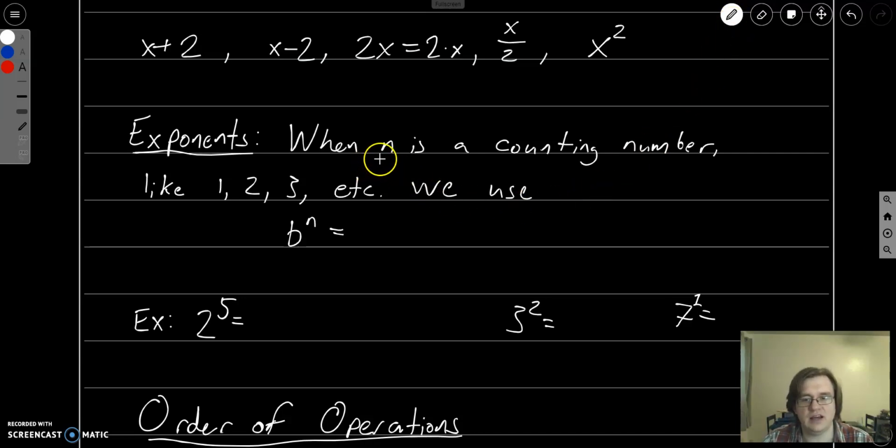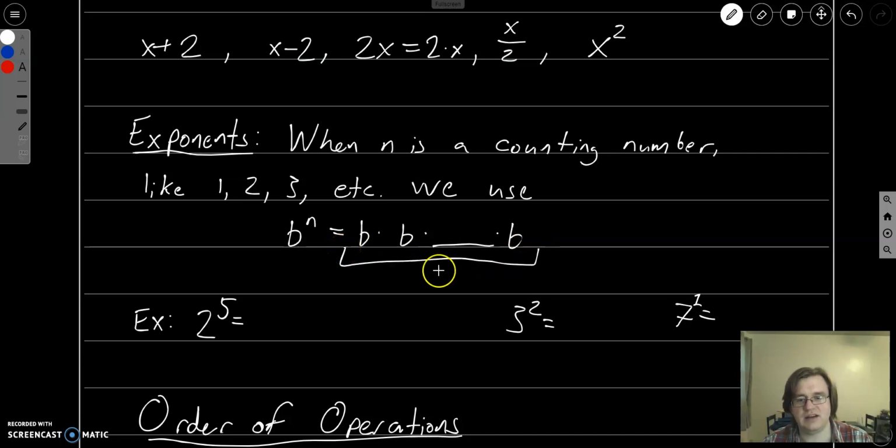So if I take a number and I raise it to a power, and specifically here I'm talking about either to the first power, second power, third power, etc. What this means is I'm taking n copies of that number. So here b to the nth power is just going to be b times itself n times. So I've got n copies of b.